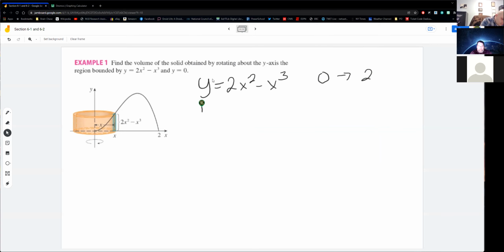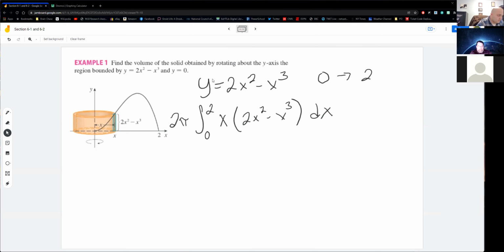So we have my integral from 0 to 2. I'll pull my 2 pi out so I don't have to worry about it. I have x times 2x squared minus x to the third dx. Let's solve it. Actually, let's clean this up a little bit.